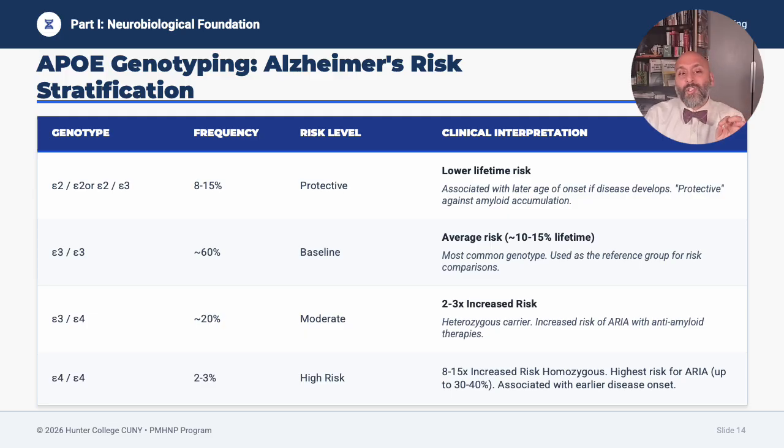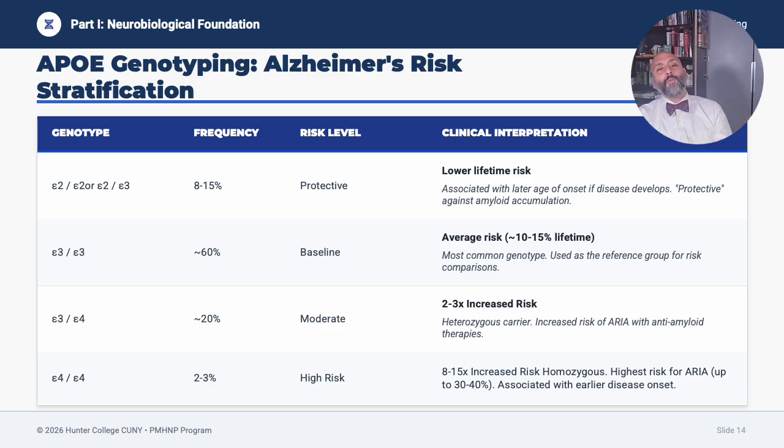This becomes especially important when considering new Alzheimer's medications because E4 carriers have a higher chance of treatment-related brain swelling and bleeding. When we get to those new infusion medications, those monoclonal antibodies, just keep that in mind.